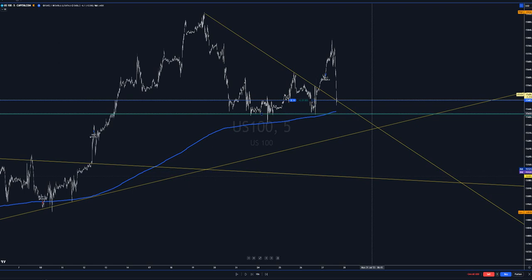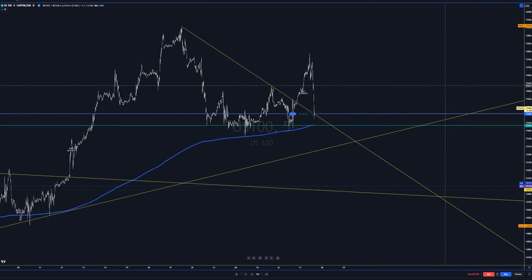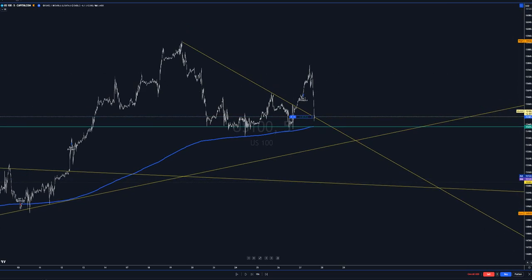What we do now is we trail our stop again. And again, we are on the 5-minute chart. We are trading in the direction of the 200 moving average, 2-hourly period.